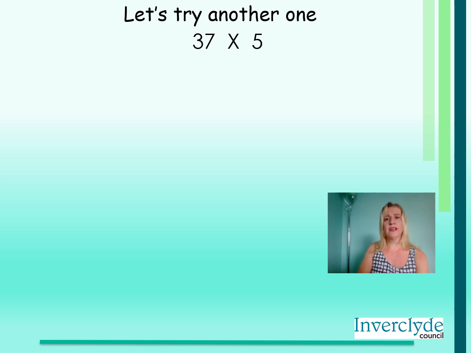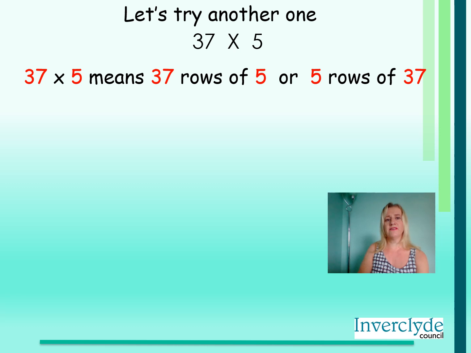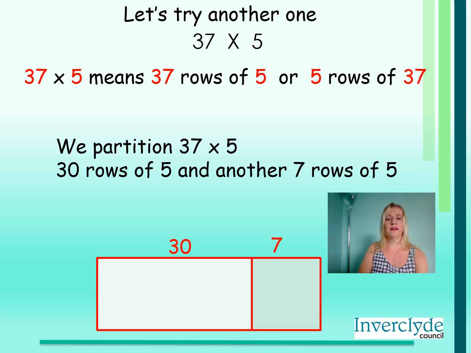Did you start by drawing a rectangle and partition it into two smaller rectangles, one for the tens and one for the ones? We know that 37 times 5 is 37 rows of 5, or 5 rows of 37. So we've partitioned 37 times 5 into 30 and 7, and we're multiplying by 5.